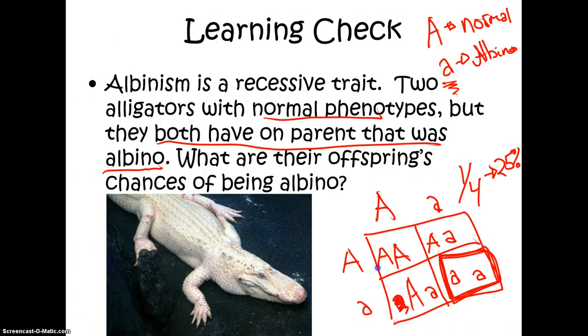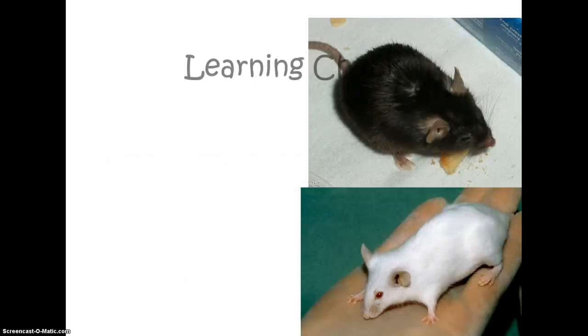That's because we have a big A here, big A here, big A here, which means that 3 out of 4 of their offspring, let me rephrase that, have a 75% chance of being a normal green alligator and a 25% chance of being an albino. Like I said, we'll talk more about this in class.